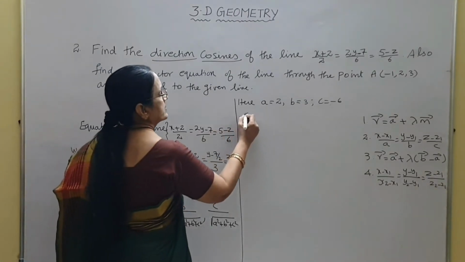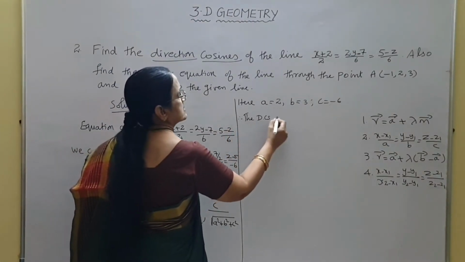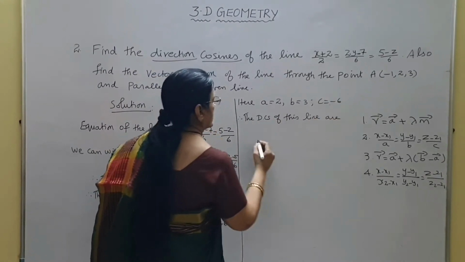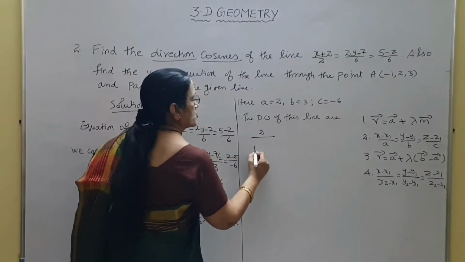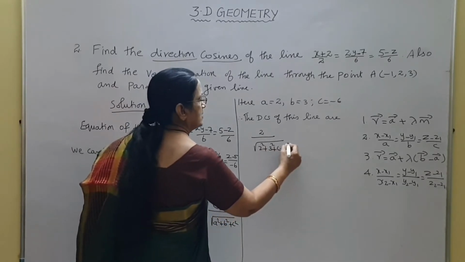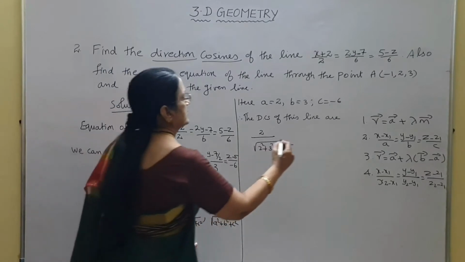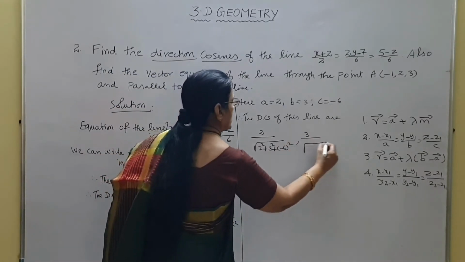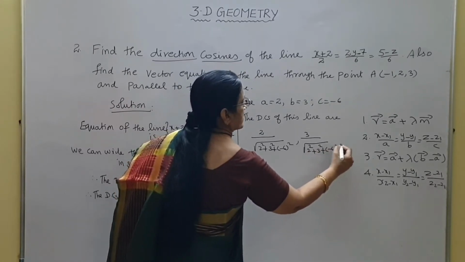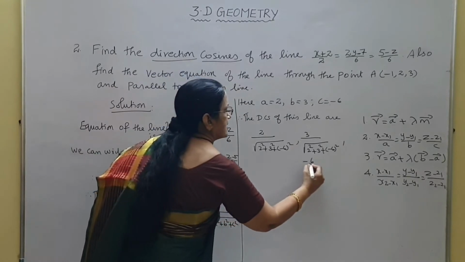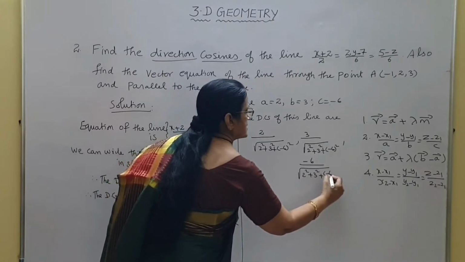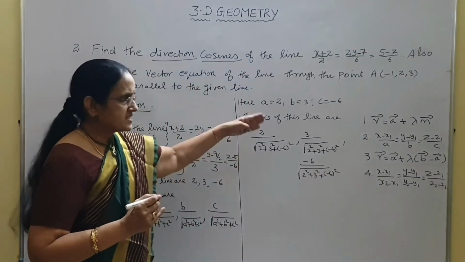So therefore, the direction cosines of this line are 2 by square root of 2 square plus 3 square plus (minus 6) the whole square. Then 3 by square root of 2 square plus 3 square plus (minus 6) the whole square. Then minus 6 by square root of 2 square plus 3 square plus (minus 6) the whole square. Let us simplify this further.